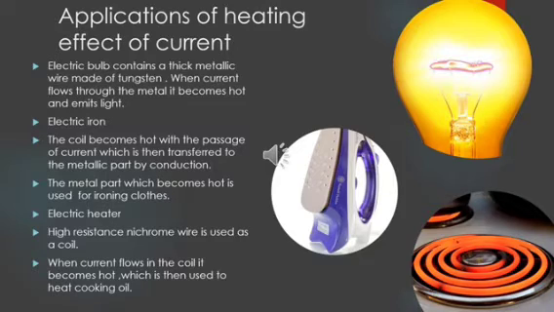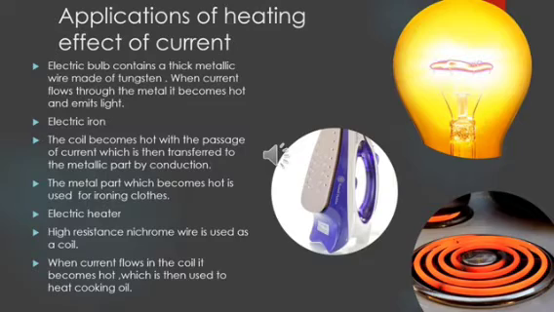And it is transferred by which method? Do you remember? It is transferred by the method of conduction. So you have learned that, right? By conduction it is passed to that metallic part, and that metallic part is used for ironing clothes after it becomes hot. Am I clear over there, children?